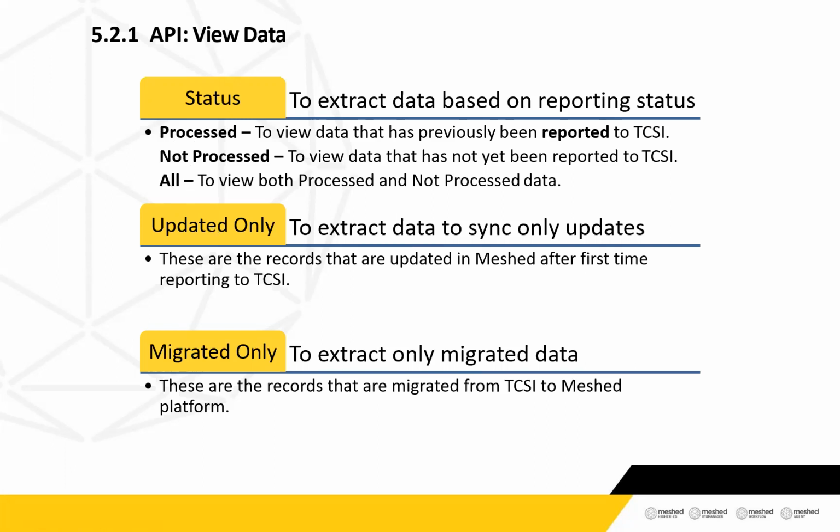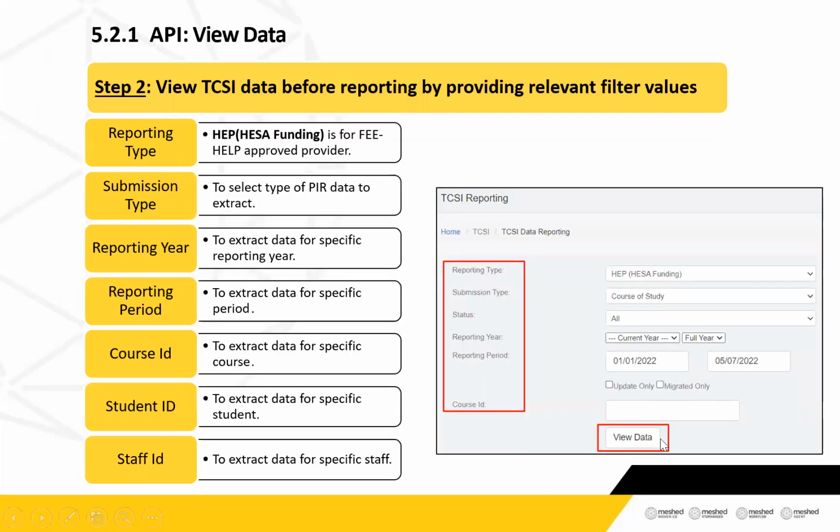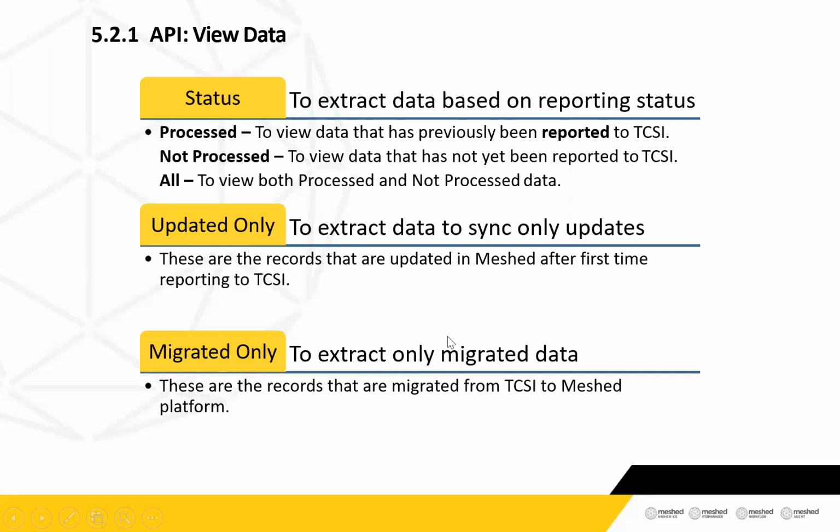And now there is another checkbox on the screen, that is updated only. This will help you get only those records where there are updates that are not yet synced to TCSI. That means you have reported one particular student record, but after reporting, there are some changes.